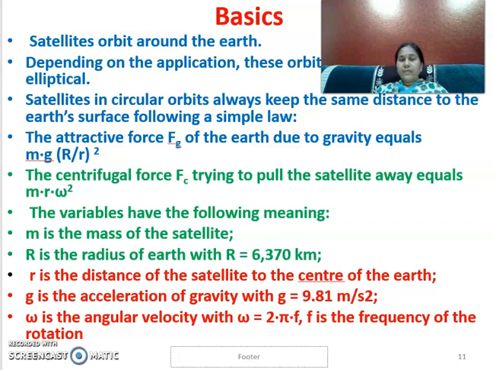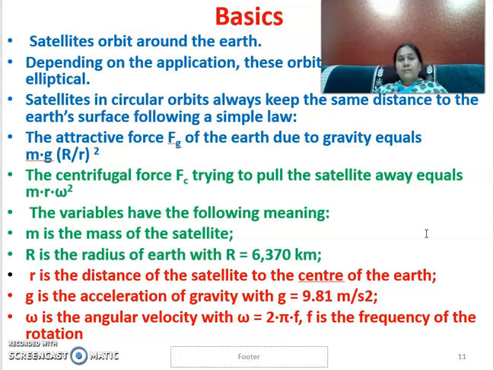Depending upon the application, the satellite is launched either into a circular orbit or into an elliptical orbit. When it is placed in a circular orbit, it rotates around the earth in a circular fashion. If it is placed in an elliptical orbit, it rotates around the earth in an elliptical fashion.